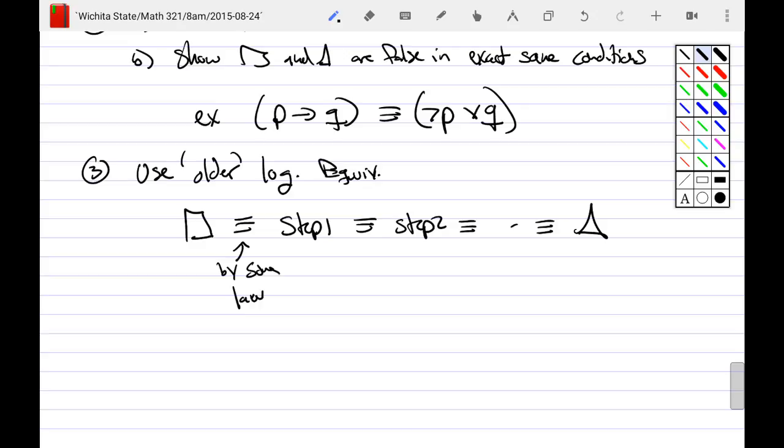In other words, you use all of the older laws that you've already proved. Oh, this is the same as this, which is the same as this, which is the same as the end. Oh, they're the same. Which of the three do you pick? Whichever one you're most comfortable with, or whichever one I tell you. So you need to be able to do all three.